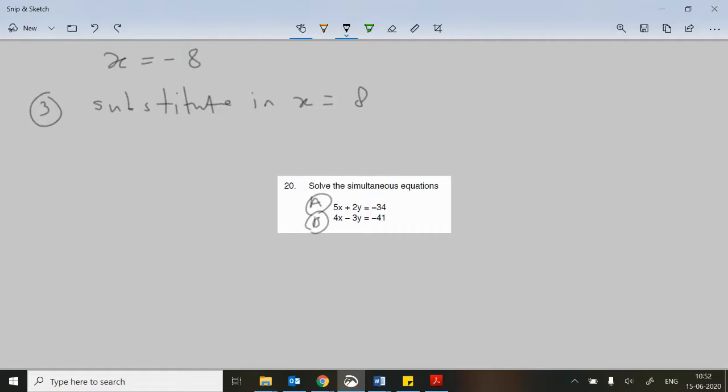So substitute x equals -8 into either A or B. It doesn't matter. I'm going to choose A because it looks easier.